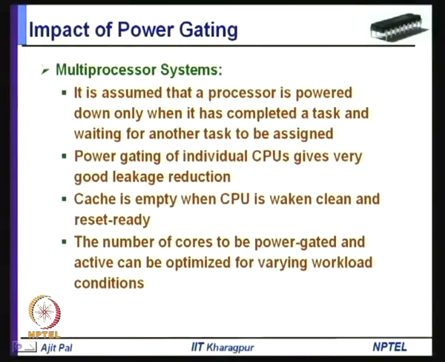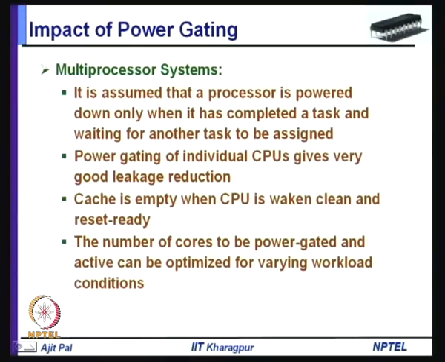Whatever it may be, it is assumed that a processor is powered down only when it has completed a task and is waiting for another task to be assigned. So, in a multi-core architecture, there is an operating system which does the task scheduling, and if you want to save power, what can be done?